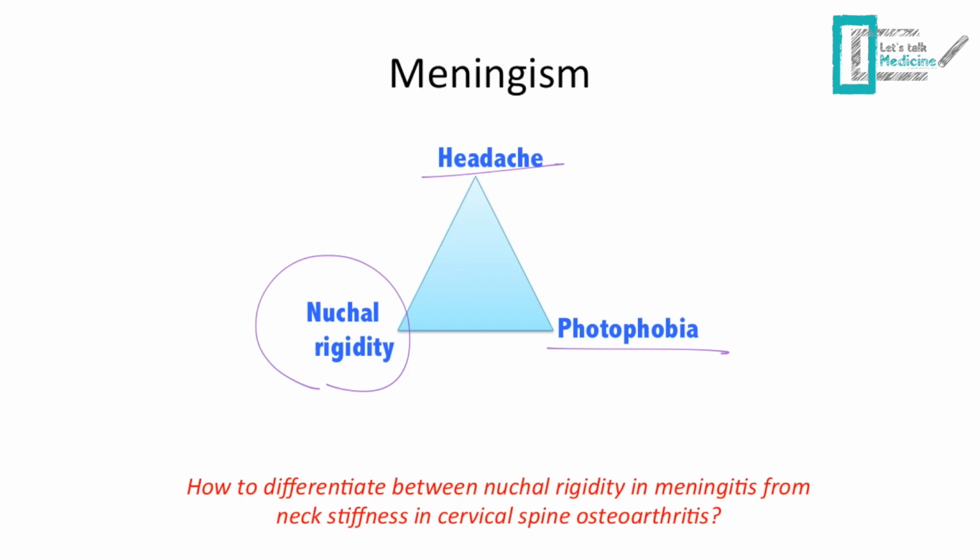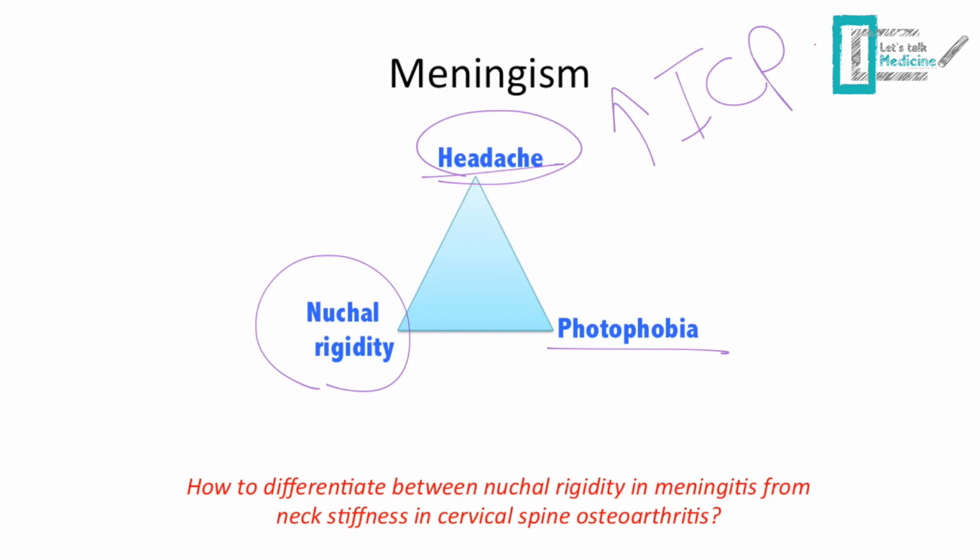With meningitis, the vasodilation and increased vascular permeability will lead to increased intracranial pressure. Because of this increased intracranial pressure, the patient will have headache and also photophobia. So what is photophobia? Photophobia is basically pain or discomfort associated with light.